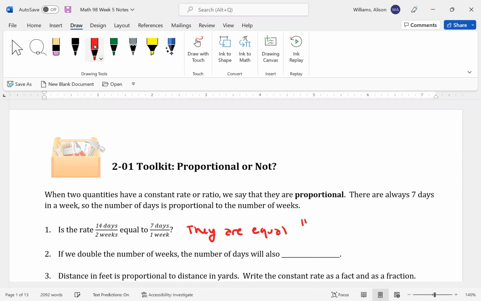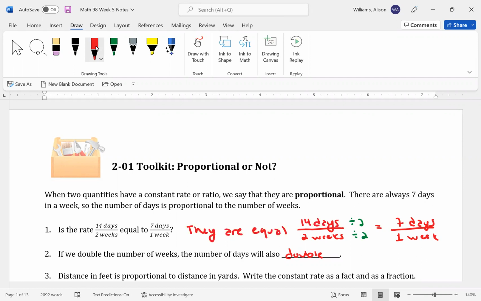In other words, we can reduce 14 days over 2 weeks to be 7 days over 1 week by dividing top and bottom by 2. So yes, they're equal. If we double the number of weeks, the number of days will also double. And that double is happening because these two things are proportional to each other.